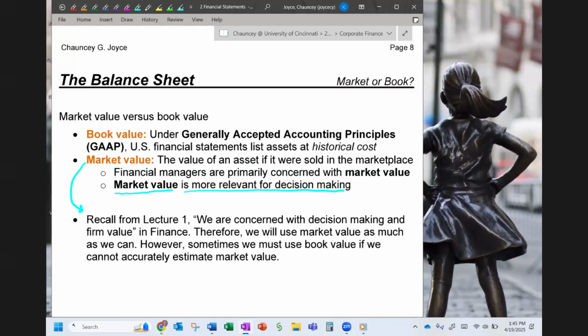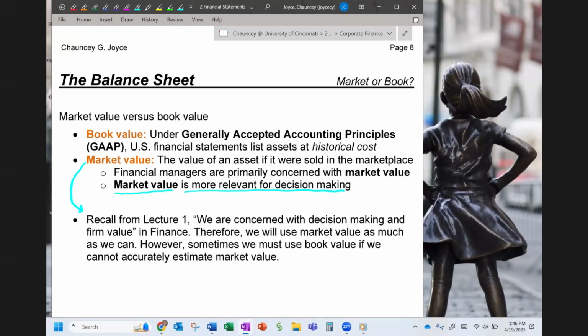And we like to use market value as more relevant for decision making. However, a lot of what we're looking at in some of these accounting statements is book value. So we have to keep that in mind when we're making decisions. If you recall from chapter 1, we are concerning ourselves with decision making and firm value. So as much as possible, we need to use estimates of market value as opposed to just book value. Book value could lead us into an incorrect decision.